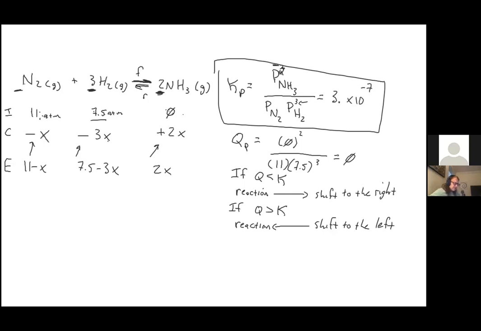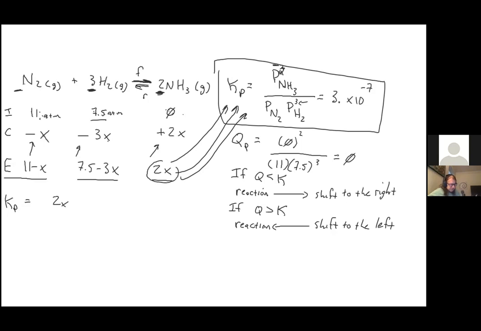All right. So now here's the cool mathematics of this. What I'm going to do is say these are equilibrium pressures, so I can substitute all 3 of them back into this expression. So Kp, which is 3 times 10 to the minus 7, is going to be equal to the pressure of ammonia squared at equilibrium. So that's 2x.